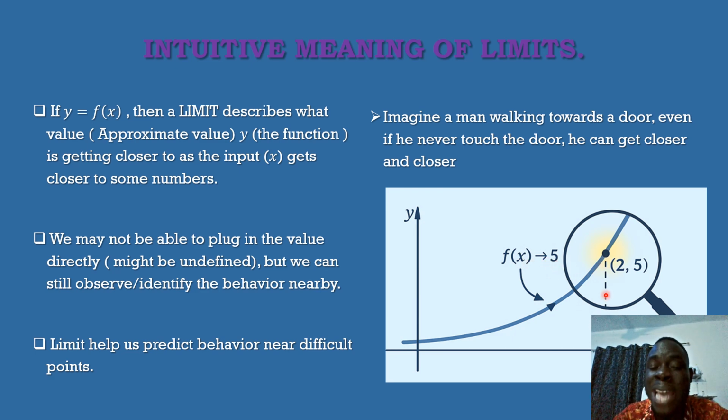So the behavior is such that when x gets closer and closer to 2, the function f of x will also get closer to 5. So that is the understanding of a limit: what happens when the input gets closer and closer to some number?